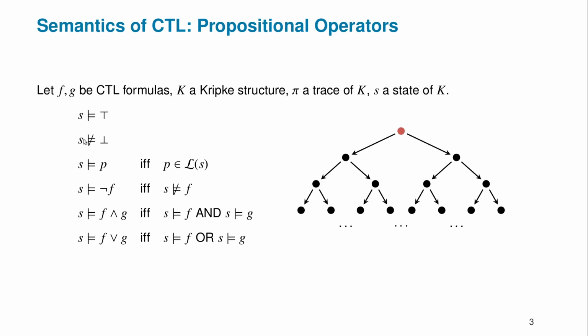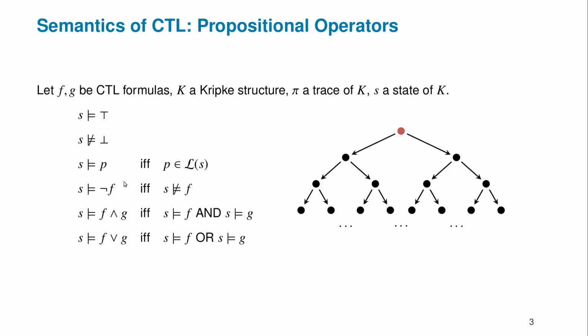If it's bottom, then it never holds. If the formula we are considering is an atom, then it holds if and only if this atom P is in the set of atoms of the current state S. So we have to check if P occurs in the set of labels of S, and if this is the case, then it holds.